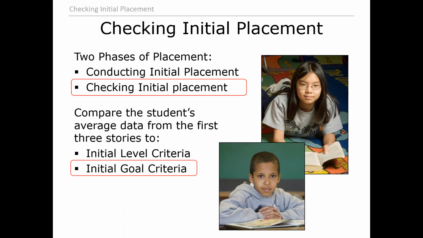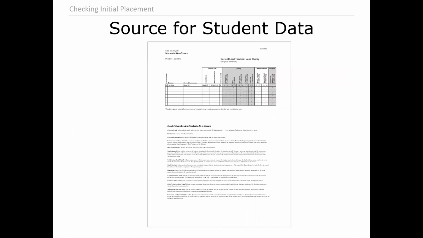And would you still have given them that story goal, right? That words correct per minute story goal that was assigned at placement, that was based on their placement score. Now, we know kids have good days and bad days, and so that placement might have been on one of those extremes. So we want to go ahead and check that initial placement after 3 stories so that we can be sure we have our students in the right place.